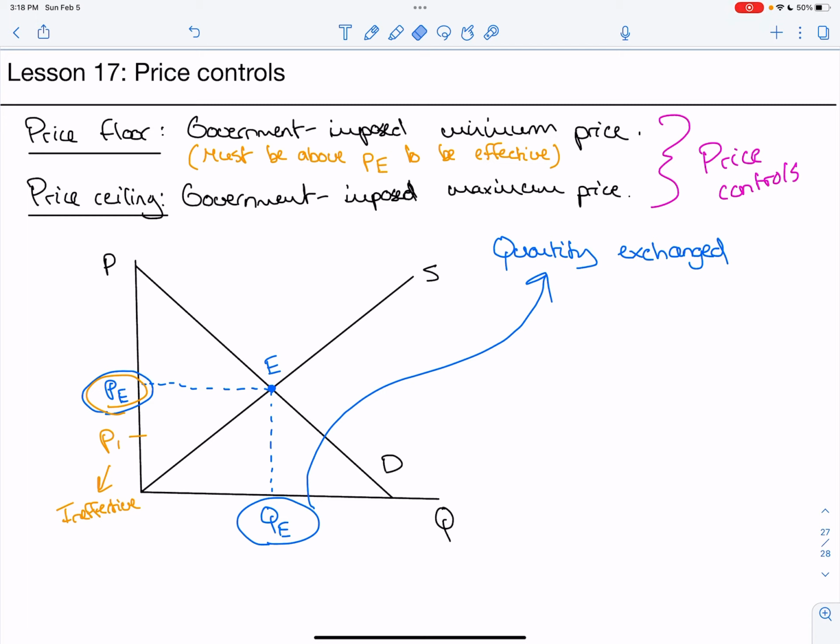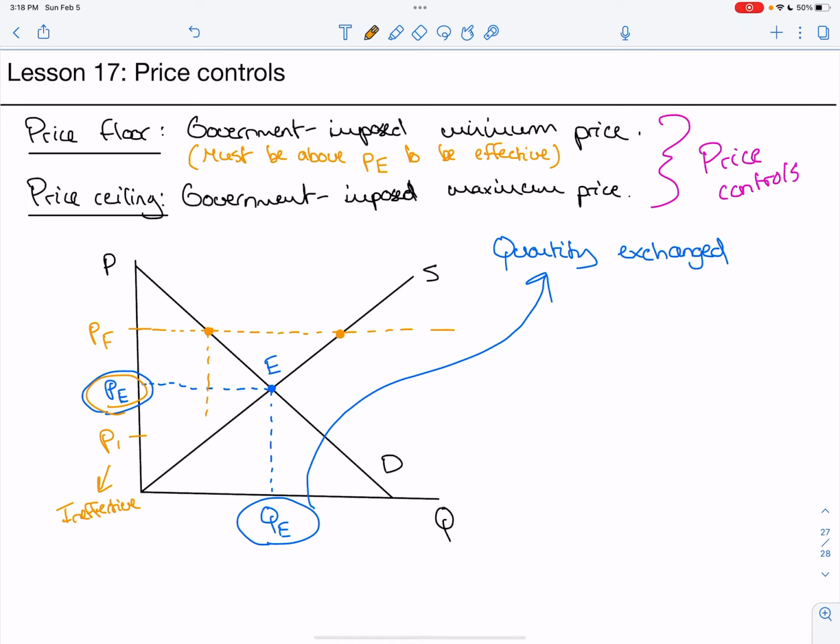So let's say the government decided to impose a price floor here. We'll call this PF for a price floor. Okay, now at PF, what is the quantity demanded? Well, that's very easy. Just draw out this line here. And of course, the quantity demanded corresponds to this point on the demand curve, and the quantity supplied corresponds to this point on the supply curve.